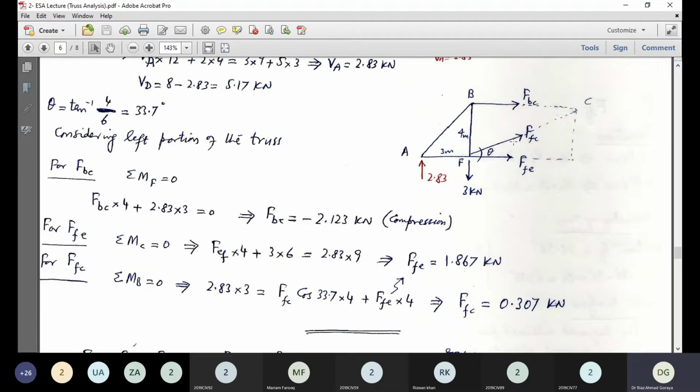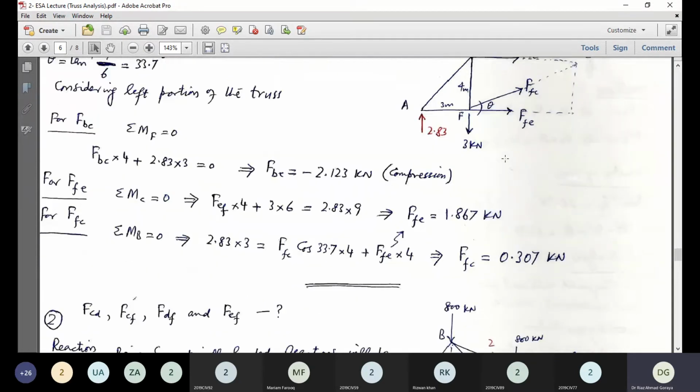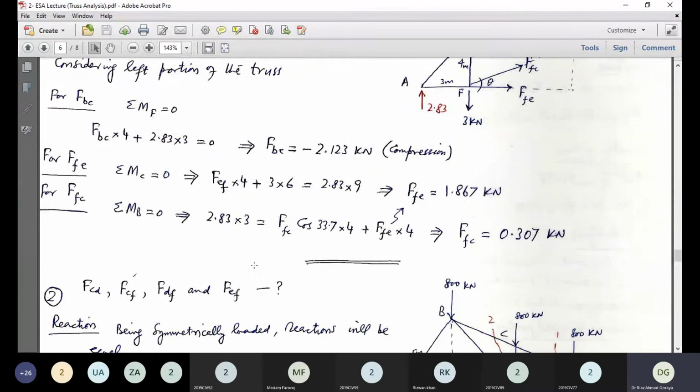Of course, it will have two components. One is FFC sine theta, which will become 0, being passing through the moment center, and only FFC cos theta will come into the picture. So this will be 2.83, this reaction into 3 is equal to FFC cos 33.7 into 4 plus FFE into 4.